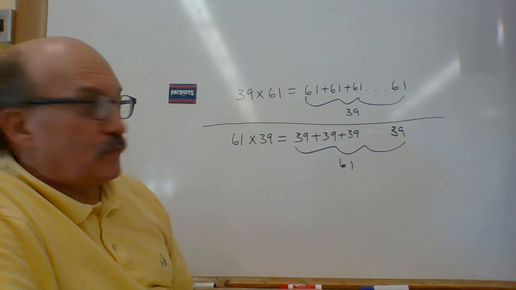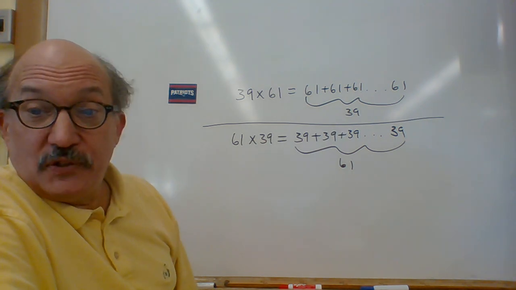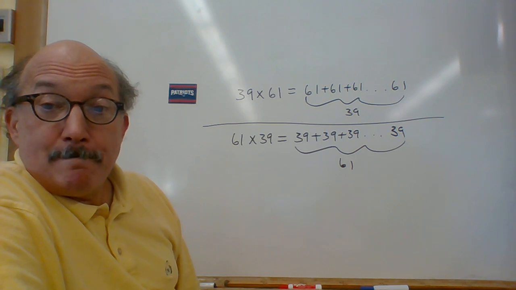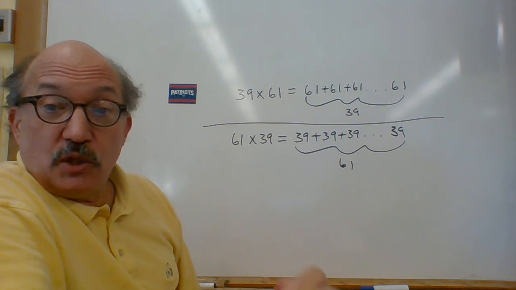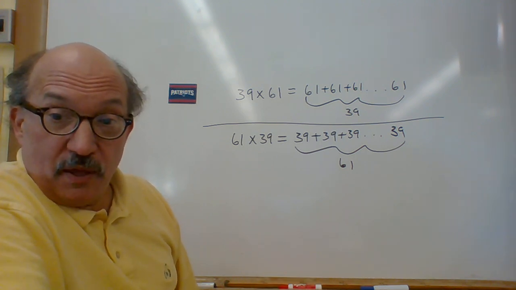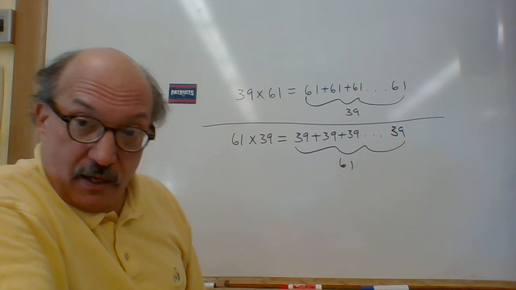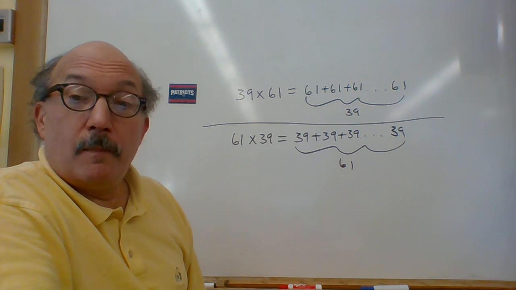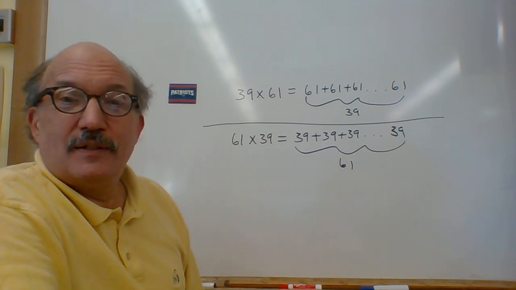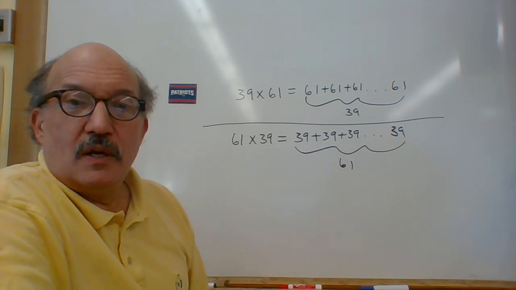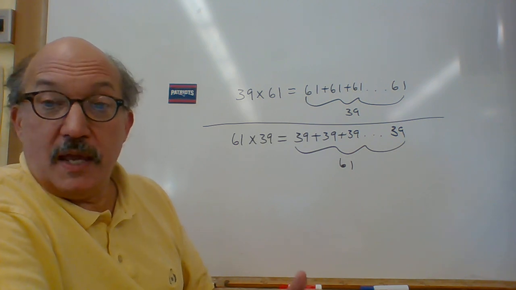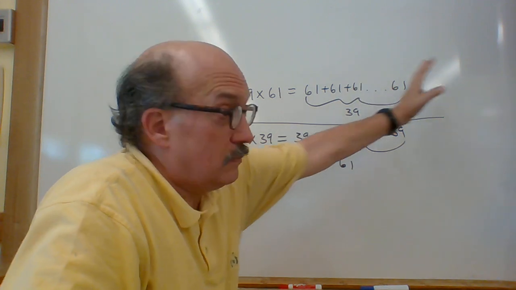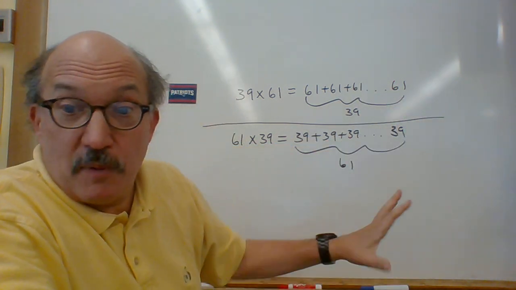Another look at 39 times 61 and 61 times 39. The multiplication of whole numbers can be thought of as repeated addition, or a shortcut for repeated addition. 39 times 61 means 61 plus 61 plus 61 plus, 39 times. I'm not going to write them all out.